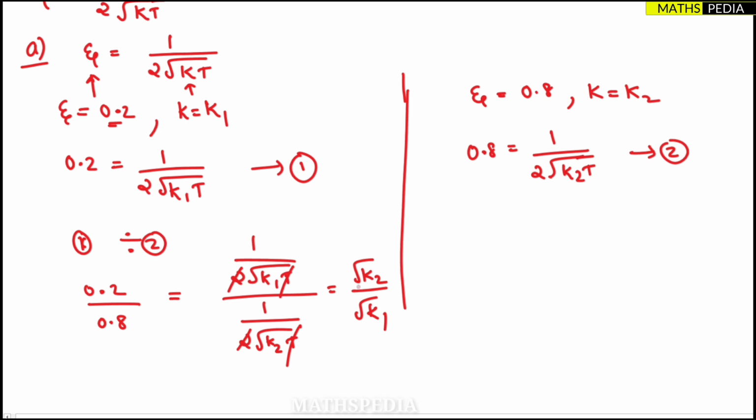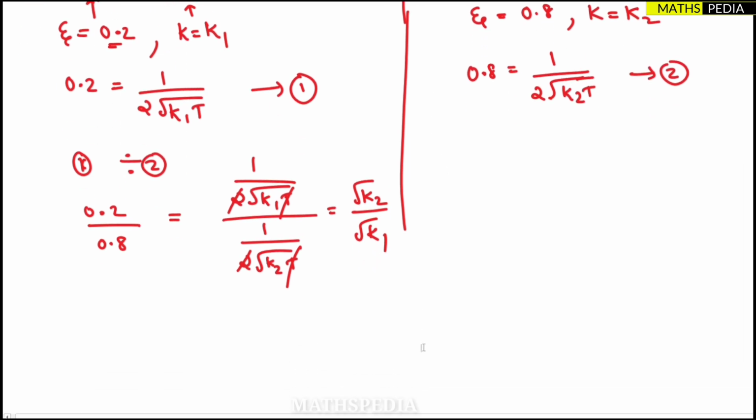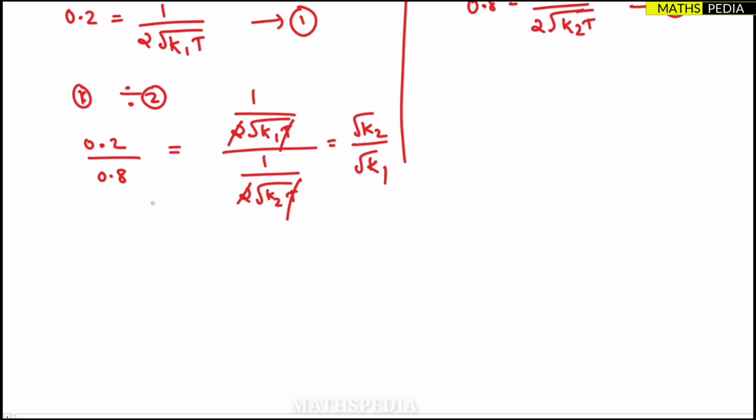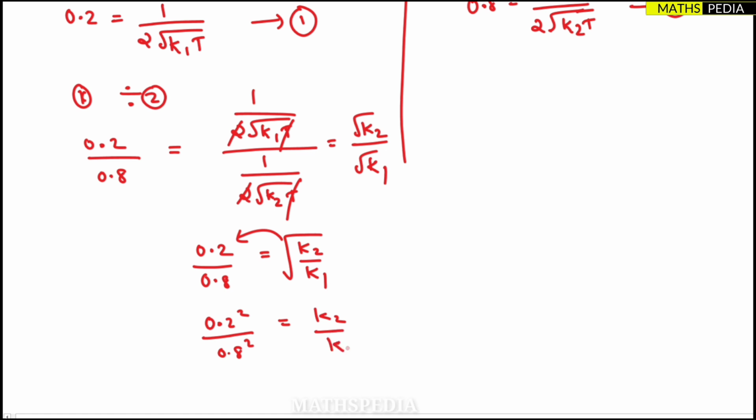So 0.2 by 0.8 is equal to root of k2 by k1. Then the square root, if I shift it there, becomes a square: 0.2 square by 0.8 square is equal to k2 by k1.